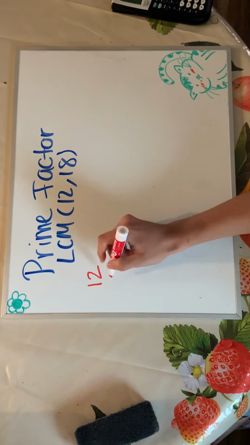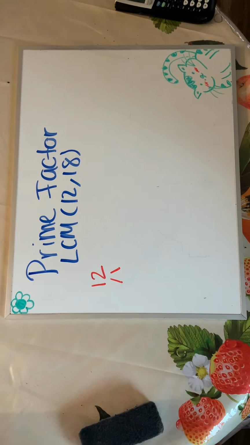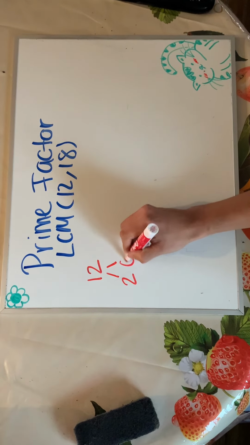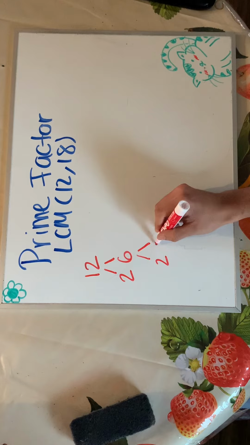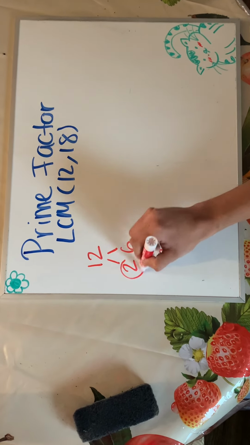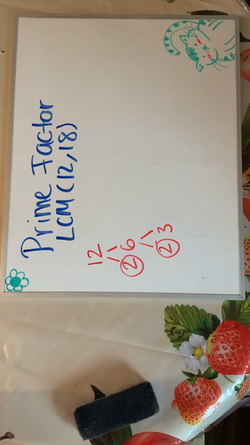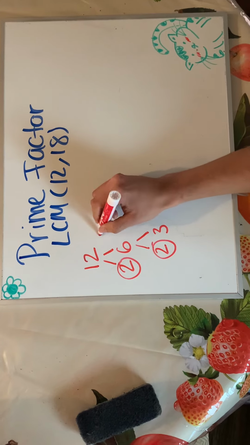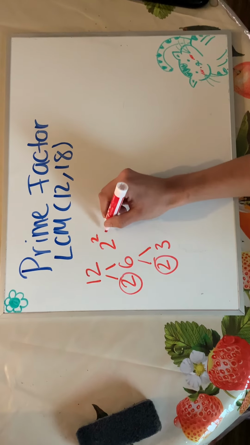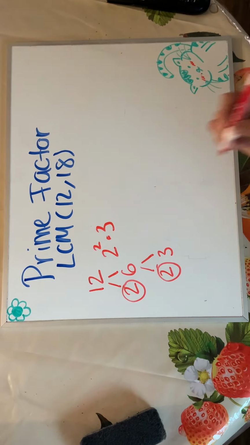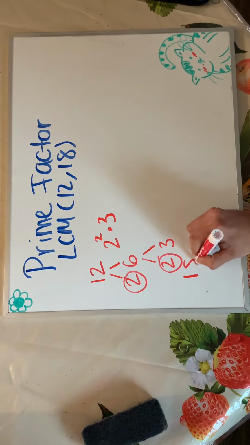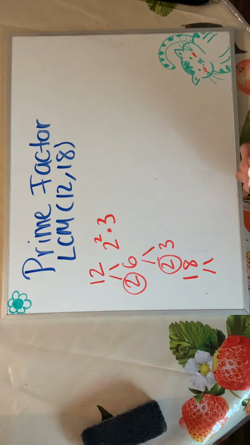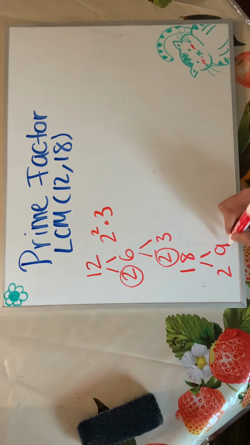We know that 12 is 2 and 6, and 6 is 2 and 3. And we can write this down as 2 to the second times 3. Let's now do 18. 18 is just 2 and 9.